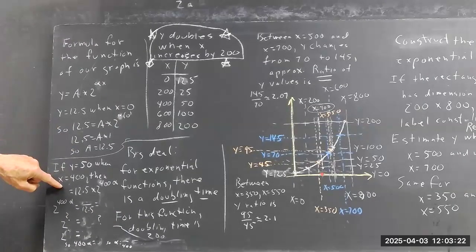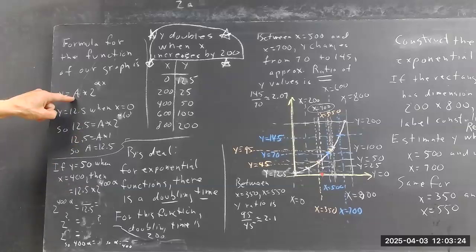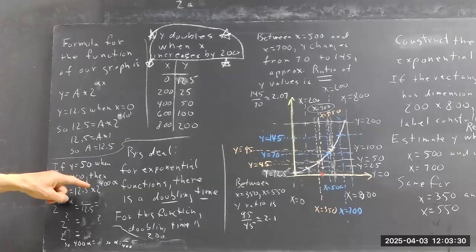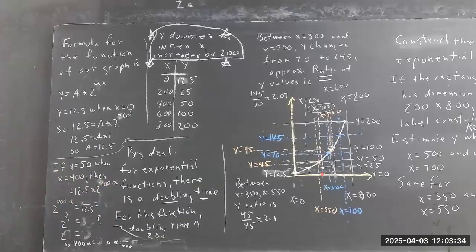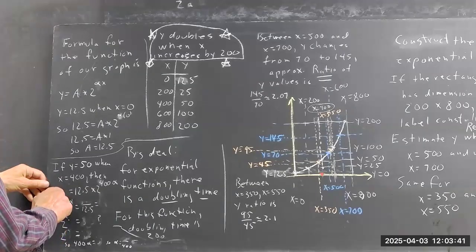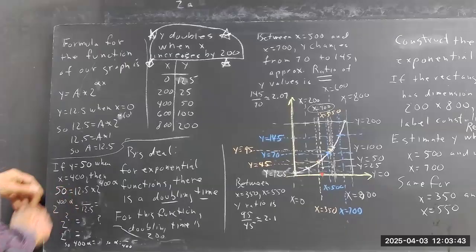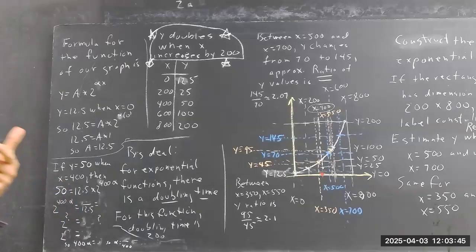Y is 50, x is 400. We know that a is 12.5. We have y equals a times 2 to the alpha x. So again, x is 400, so alpha x is 400 times alpha, right? Okay, that's straightforward. Y is now 50, not my ignorant old 100.